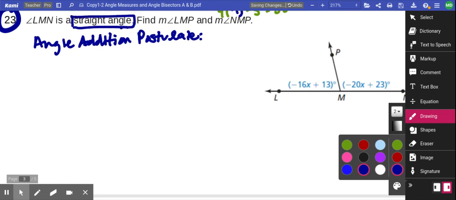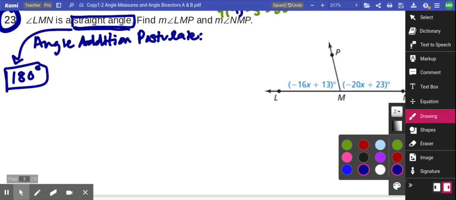Now think back to our vocabulary. A straight angle is an angle that totals 180 degrees. That means our part plus our part is going to give us our whole.